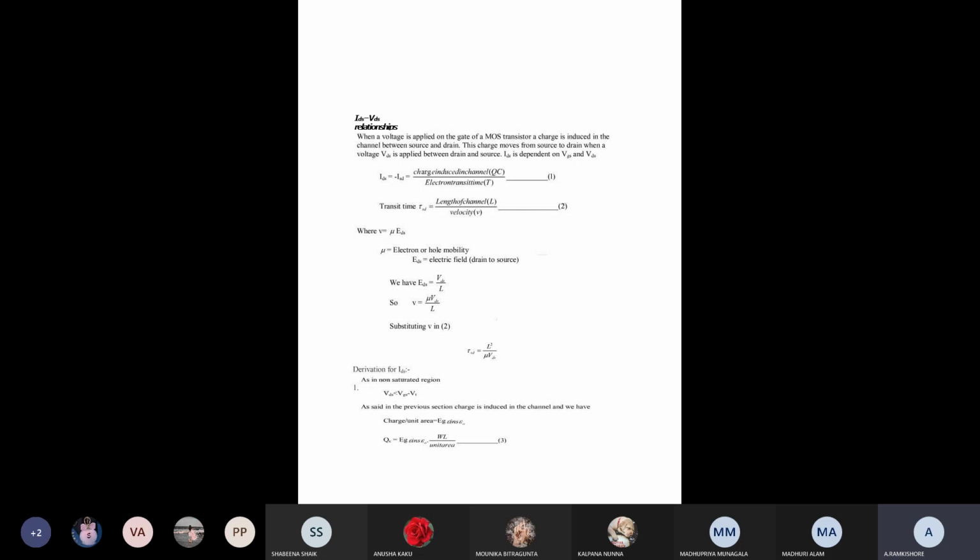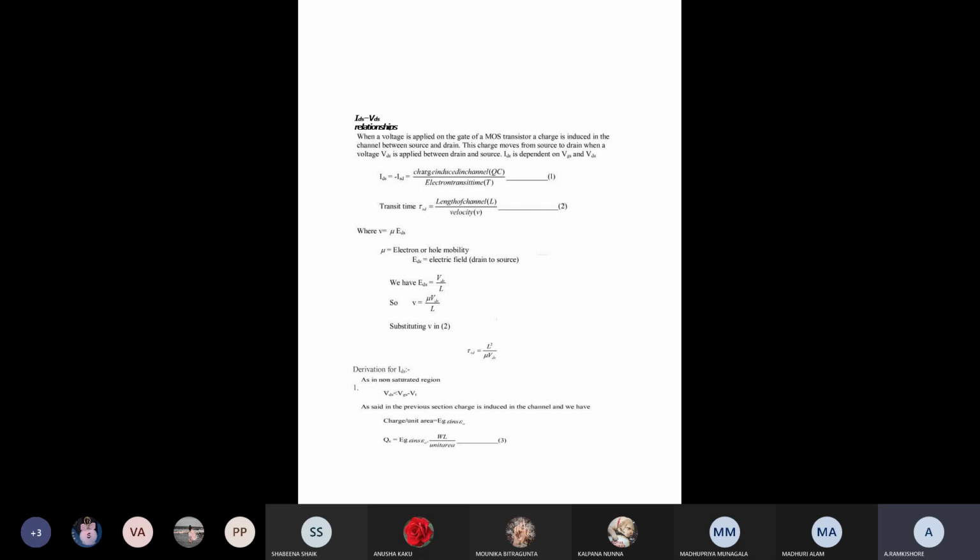In the concept of MOS transistors, we use a voltage on the gate to induce a charge in the channel. That means whenever we apply a voltage at the gate terminal, it induces an amount of charge in the channel between the source and drain.